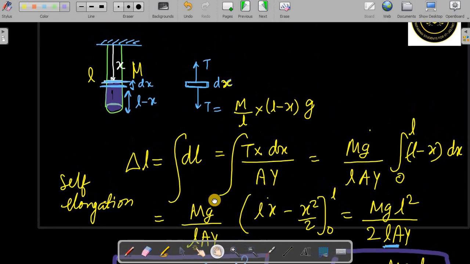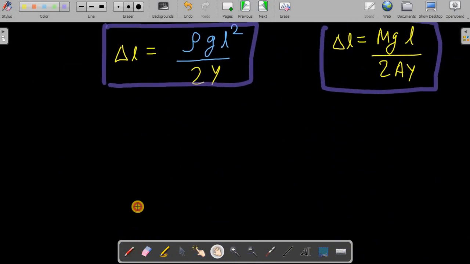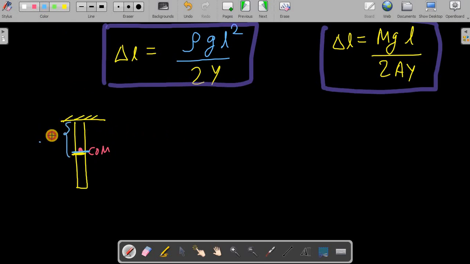Now there is another approach, a shortcut approach, to solve self elongation. Suppose the rod is given here, you consider the center of mass. This weight is acting at the center of mass. We consider the length as half only, and you can directly calculate elongation as Fl by AY, where F is the total weight and length you take as L by 2.